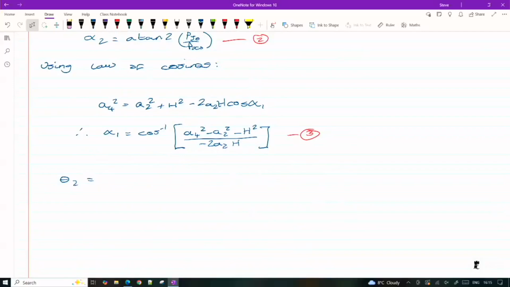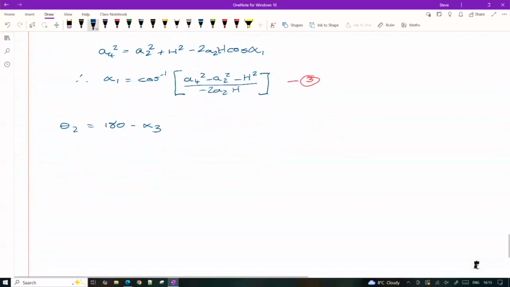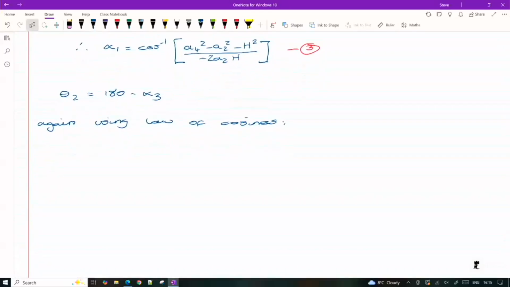So we can again use the law of cosines to come up with an expression for alpha 3. That will give us h.